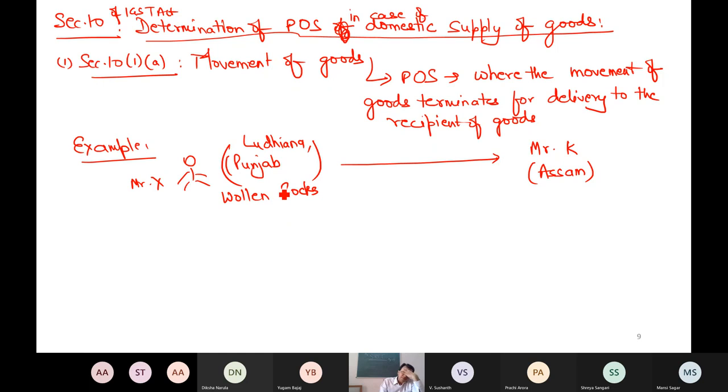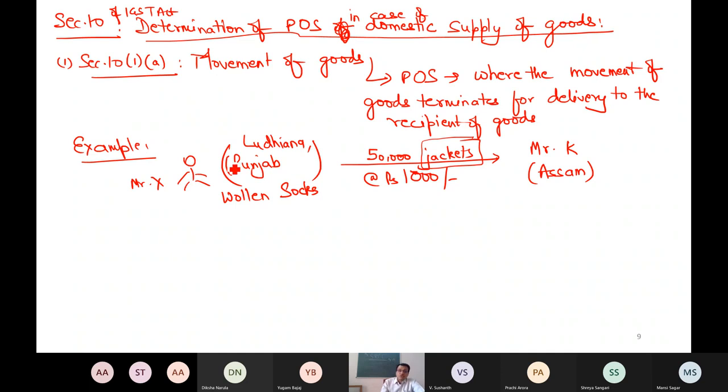Ludhiana has a big market of woolen items, woolen hosiery, socks, sweaters, jackets, whatever. 50,000 jackets are being supplied at, for example, 500 rupees or for example 1000 rupees. Now, is it a good? The answer is yes, a jacket is a good.